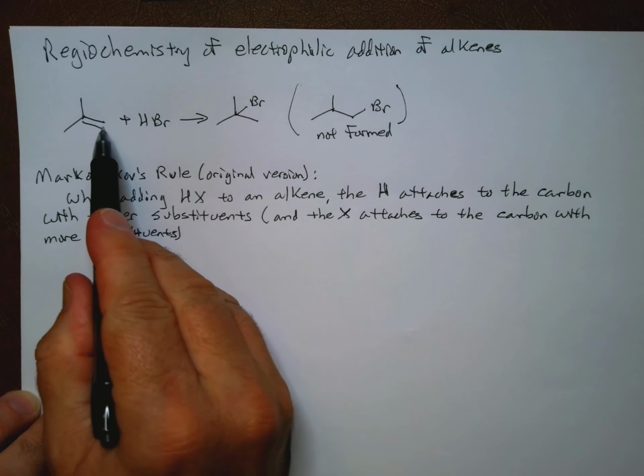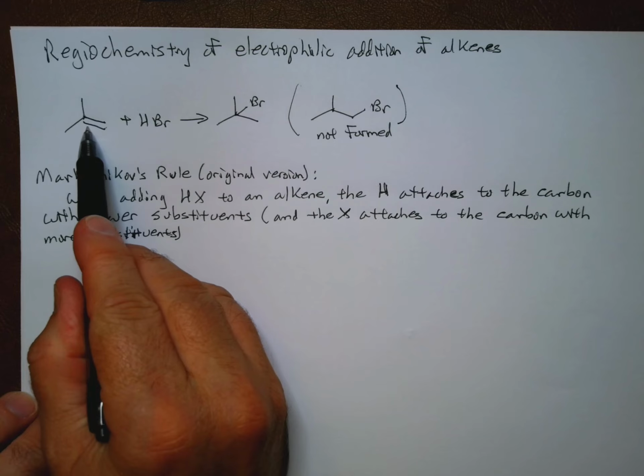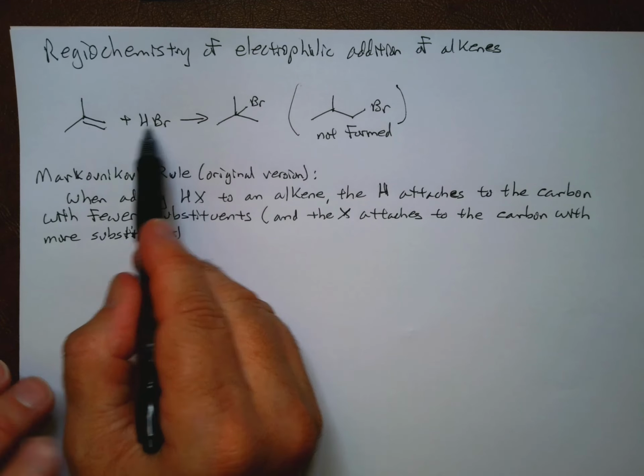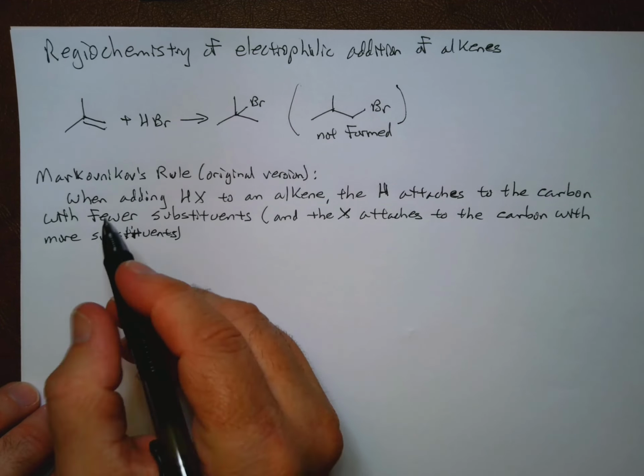So our H goes to the less substituted carbon, and the X, in this case bromine, goes to the more substituted carbon.